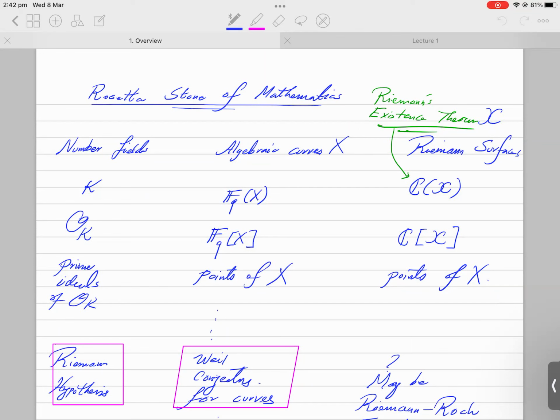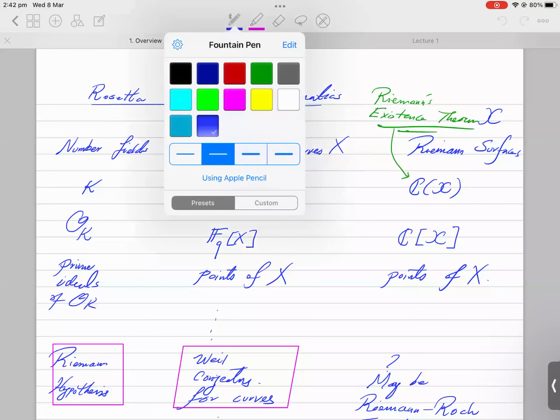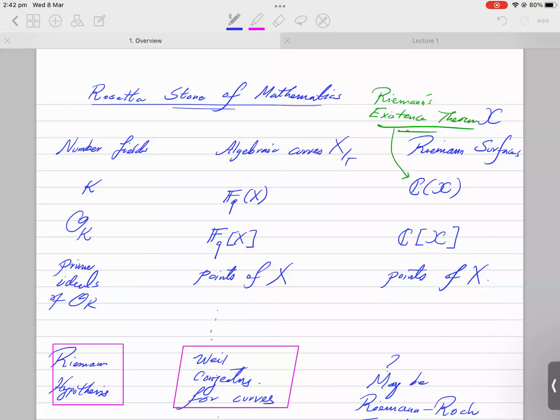So this has 3 columns. On the one column, we have number fields. In the other column, we have algebraic curves over positive characteristic, or if you wish, you can think of it dually as function fields.